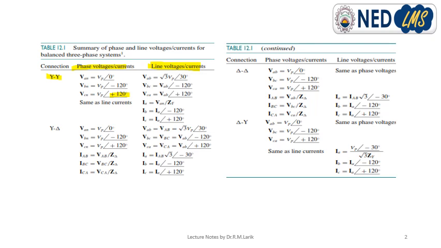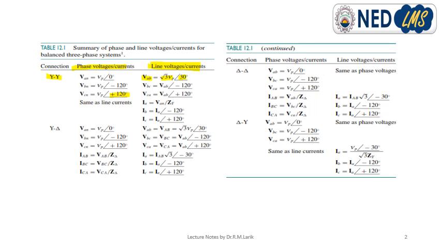Similarly, because this is a Y connection, we know that the line voltage VAB is root 3 times the phase voltage. And considering the phase angle of 30 degrees, from the previous lecture on phasor concepts, slide 14, you find that the line voltages are 30 degrees behind the phase voltage.